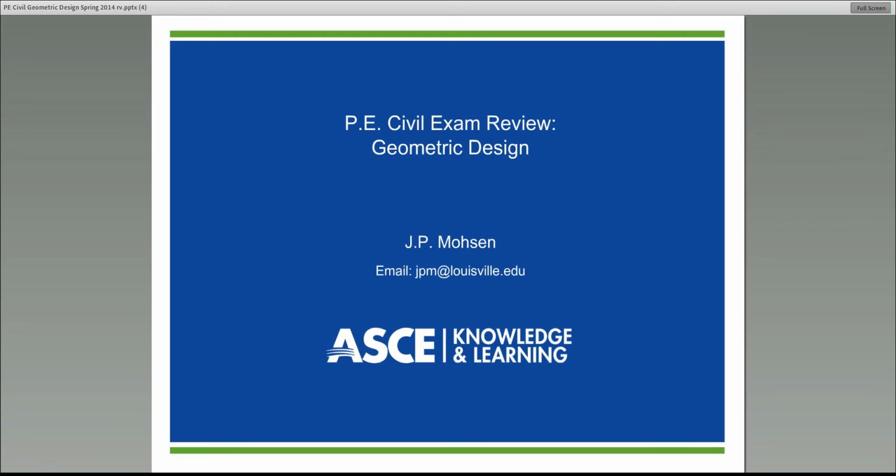What we cover is under the topic of, they call it transportation, but if you read it very carefully in the NCEES documents, under transportation for the morning exam, they only have geometric design.